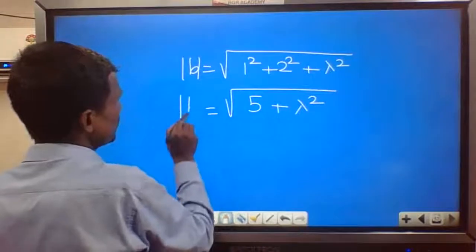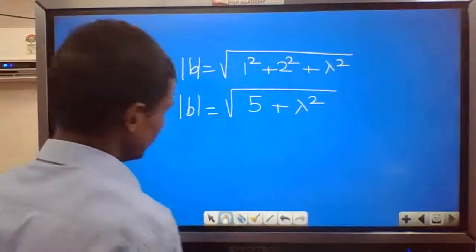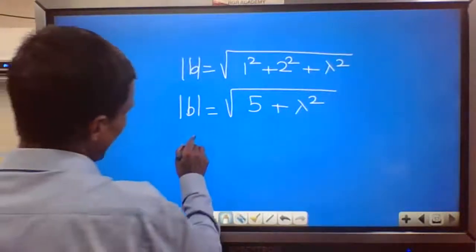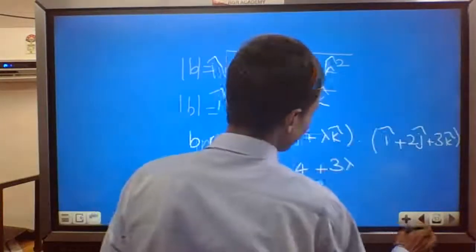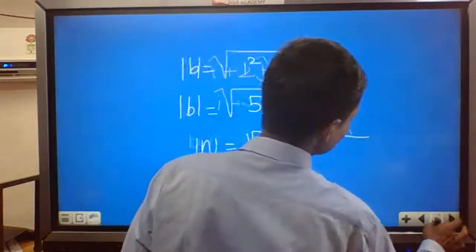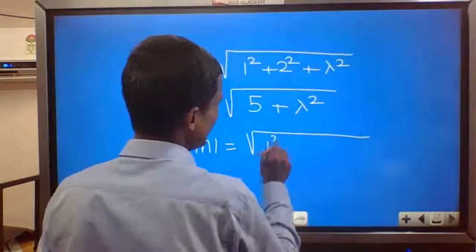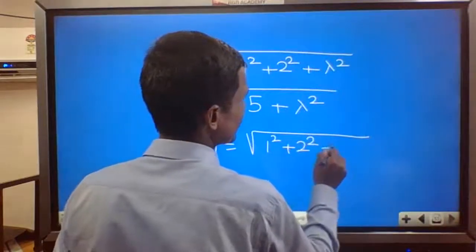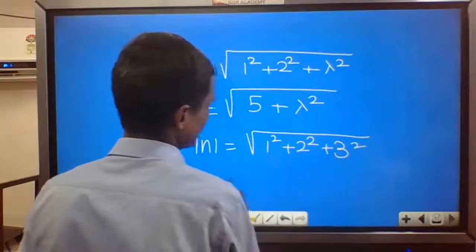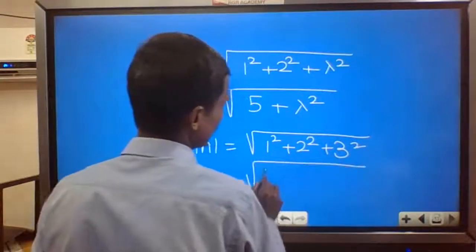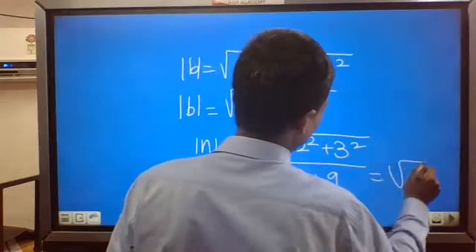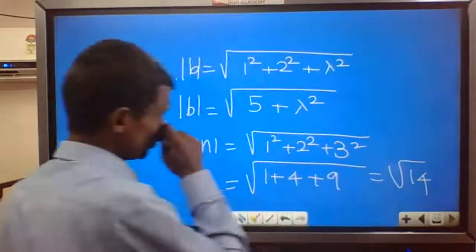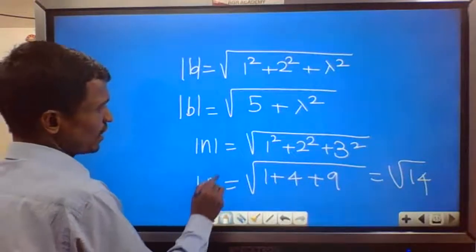That is called modulus b. The modulus n is equivalent to the root of 1 squared plus 2 squared plus 3 squared, the root of 1 plus 4 plus 9, root 14. That is modulus n.